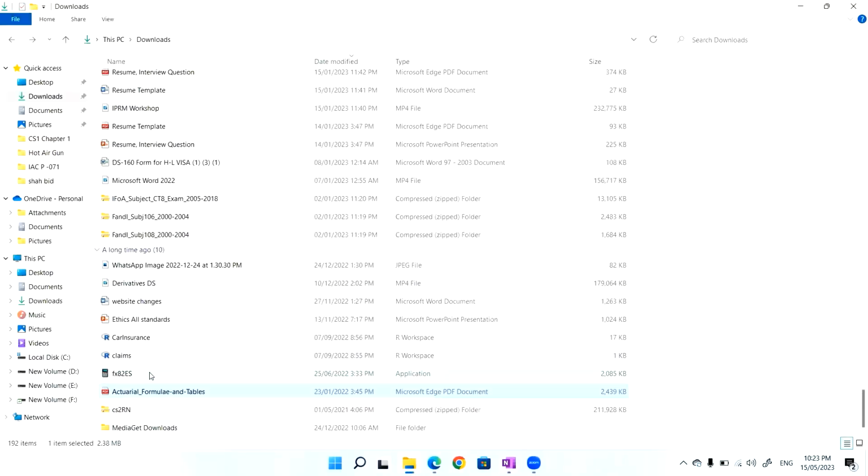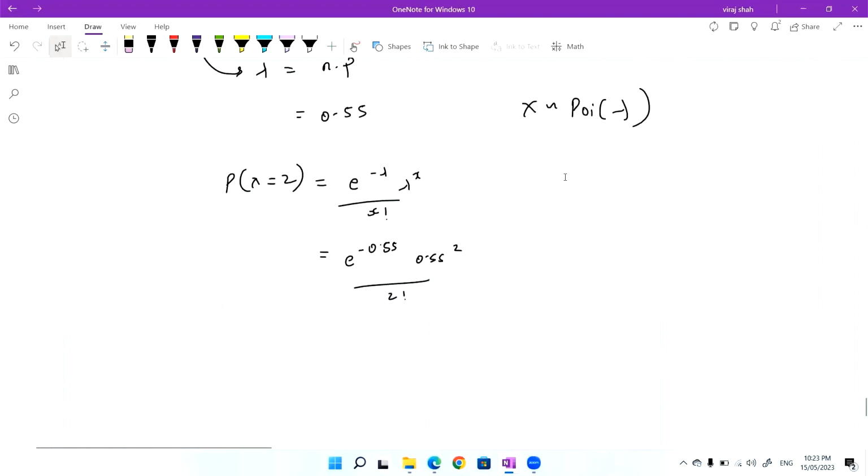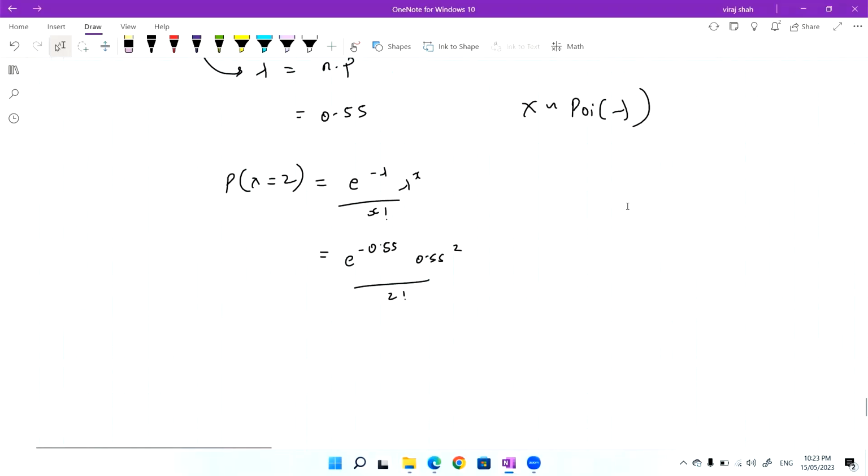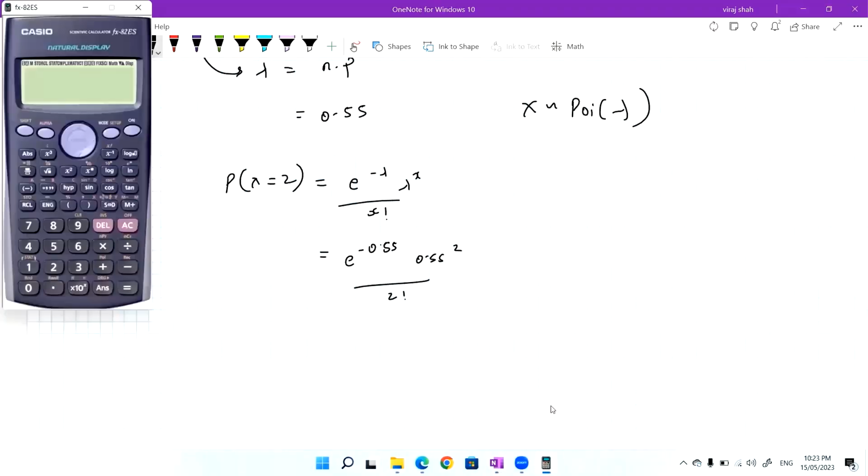So I just put this in your calculator. Let me just do that for you. So it is e raised to minus lambda, lambda raised to x, which is 2, upon 2 factorial, which is nothing but 2 itself.